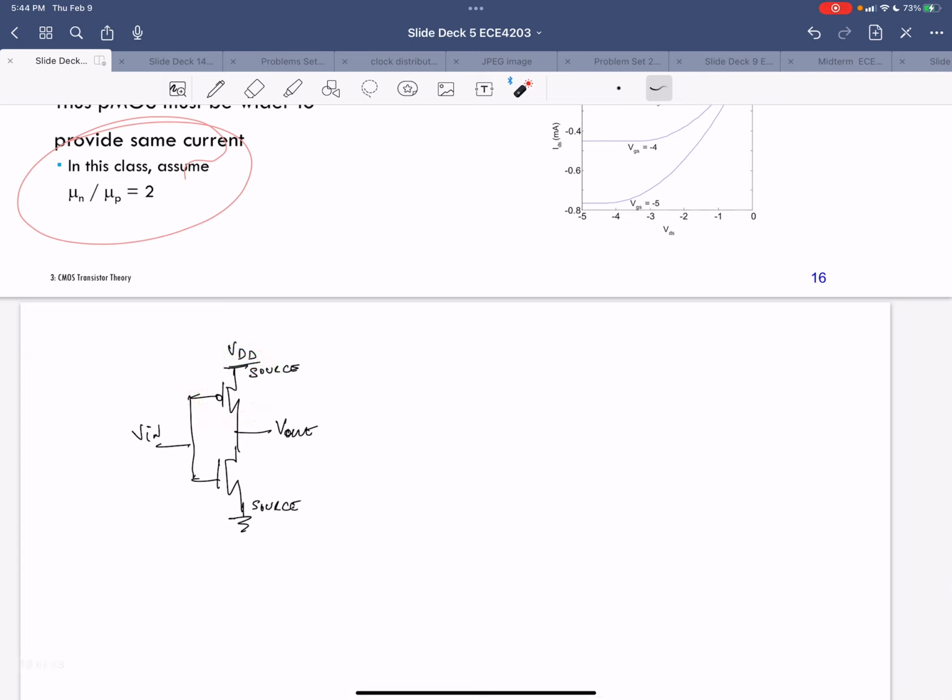That's why I have the PMOS stacked on top next to VDD, and the NMOS stacked on the bottom next to ground, because that way, with the same voltage on both inputs, I can turn one on and one off, or one on and one off. So that's kind of my goal there.